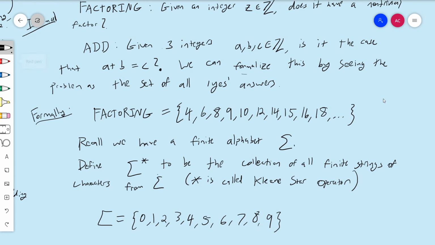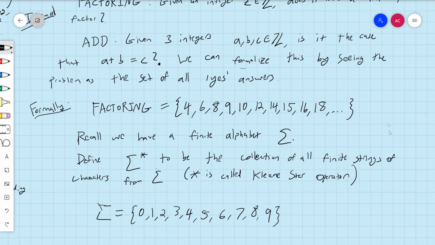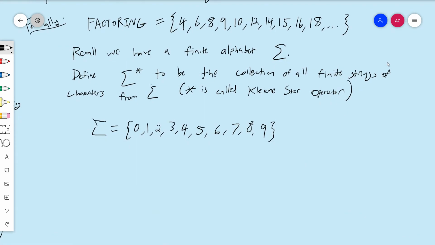So what is the factoring problem as an object? It's a subset. The factoring problem is a subset of sigma star for this particular alphabet sigma.